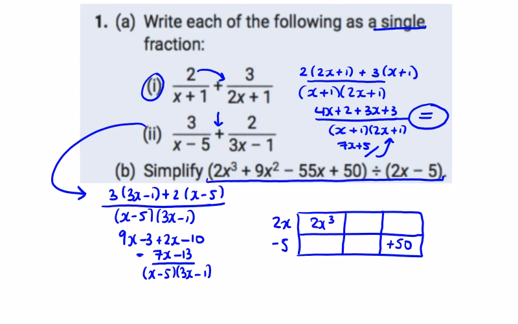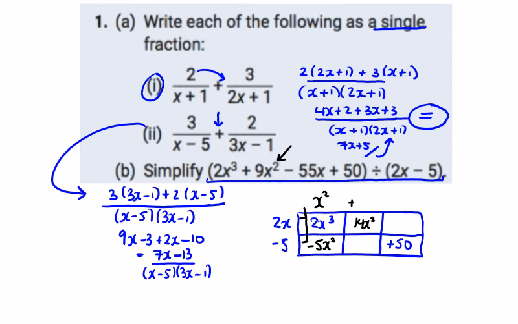So we'd have to multiply 2x by x squared to get 2x cubed. Going down and across, 2x. We have x squared by minus 5, minus 5x squared. We want 9x squared inside the box. We currently have minus 5, so we need 14x squared here.